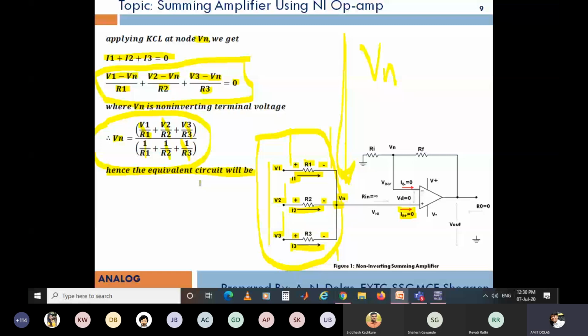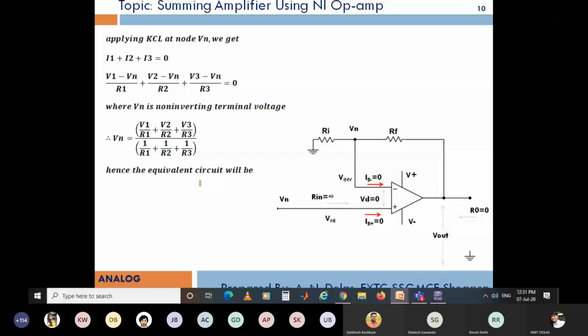Directly I may have this circuit, because here the unknown voltage Vn is calculated in the form of known quantities and given to the non-inverting terminal directly, and the circuit is reduced to this equivalent circuit.